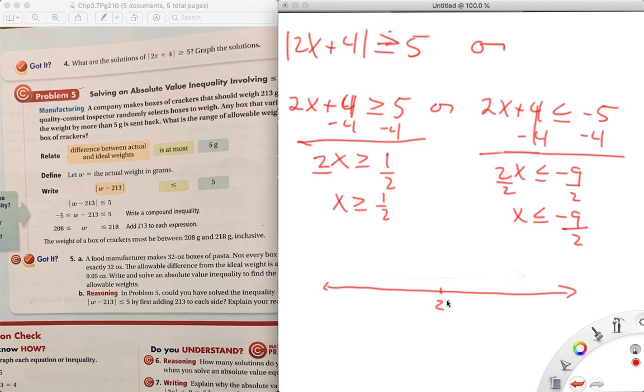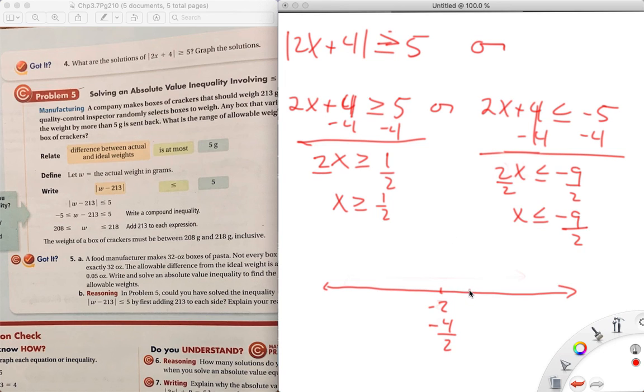Let's call this 4 over 2, which makes my life a little easier. Oh, no wonder, it's negative 2. I'm going to talk about that in a second after I finish this. So negative 4 over 2, and that means I'm going to go to the right 5 halves.